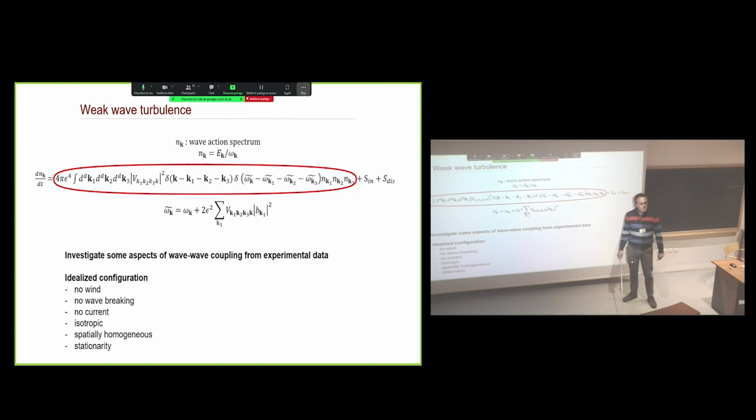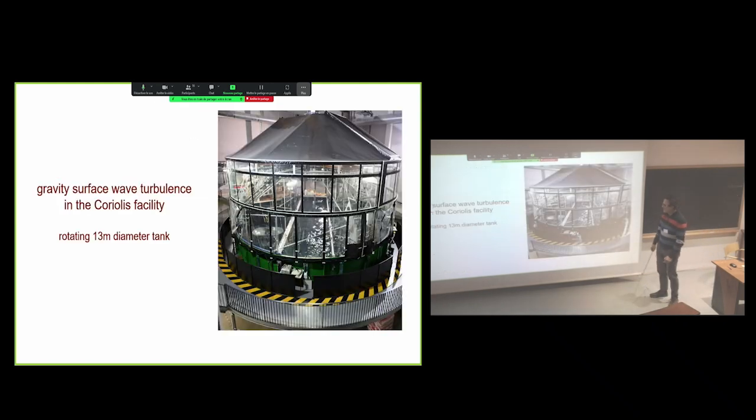So there won't be any wind, sorry. There won't be wave breaking. There won't be any current. It will be isotropic, as Miguel said, because in the lab, again, it's not so easy to do anisotropic stuff. It will be homogeneous and stationary. But still, there is something interesting that remains after removing all this.